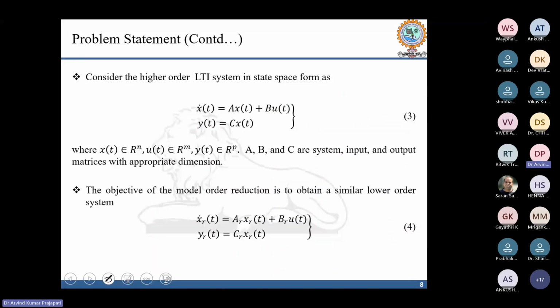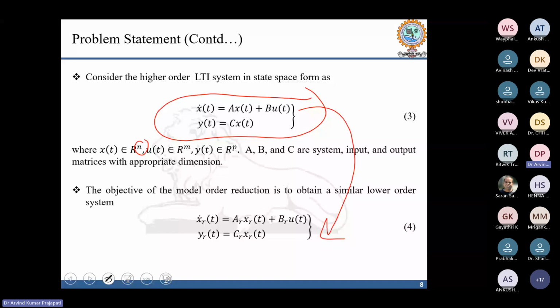And in the time domain, if you are doing model order reduction, first we have to represent the complex system as a state space model. So equation 3 is representing the state space model of any large scale system having order n. The main objective of model order reduction is to replace the state space model given in equation 3 by the state space model given in equation 4, so that if we give the same input to the reduced system as given to the original system, we must get approximately the same response.